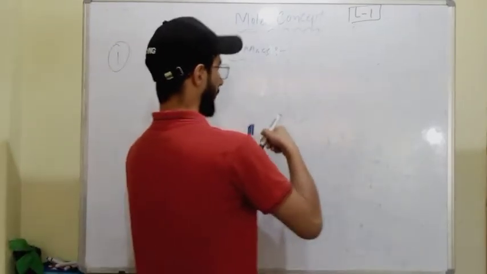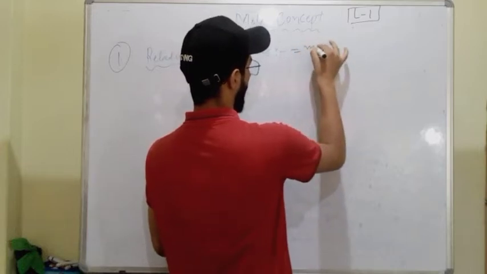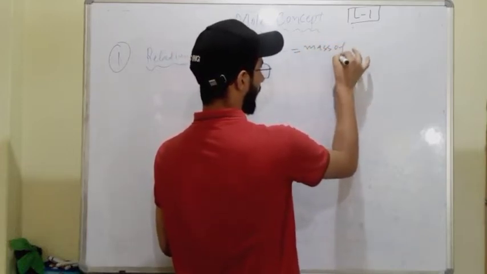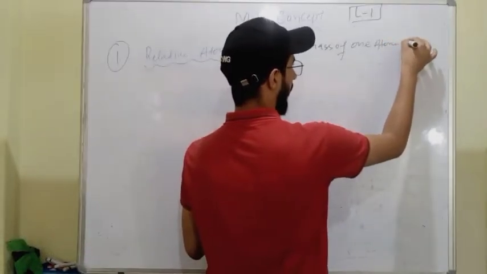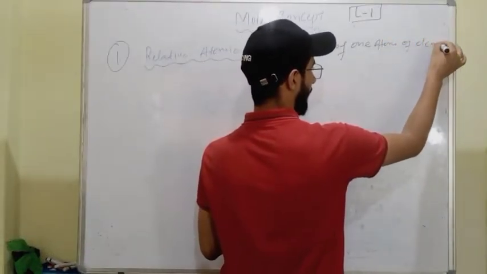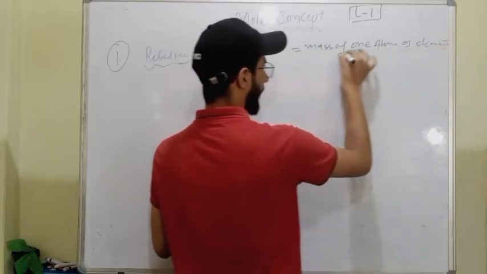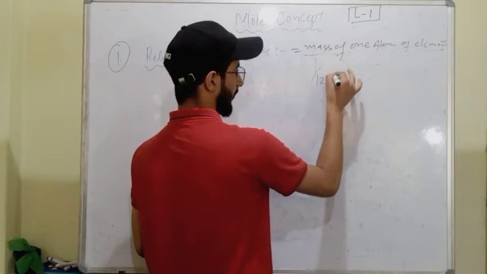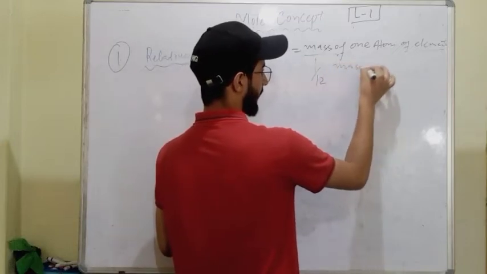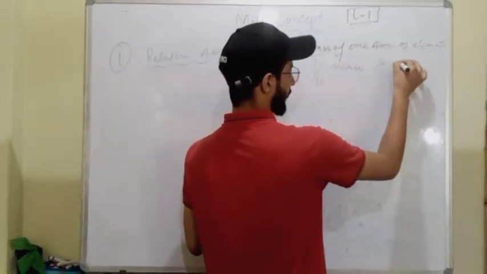It will be equal to the mass of one atom of the element upon 1/12 of the mass of the carbon-12 isotope.